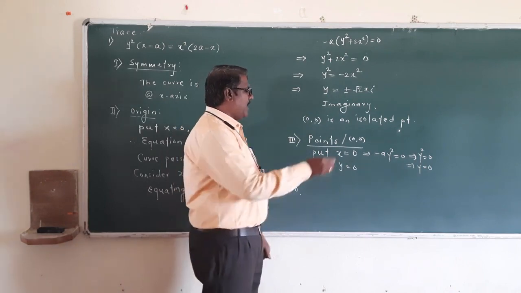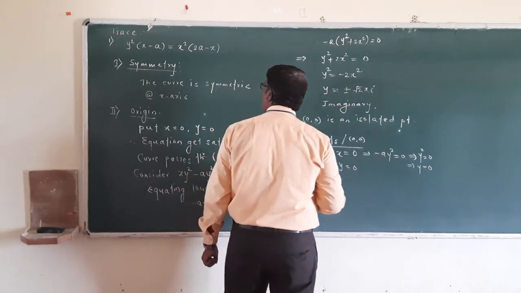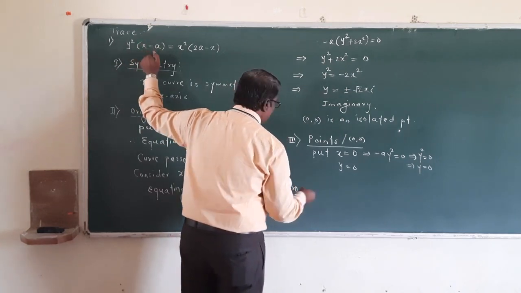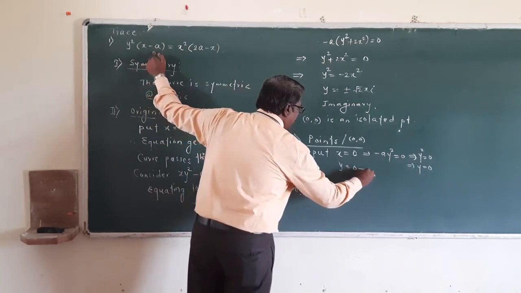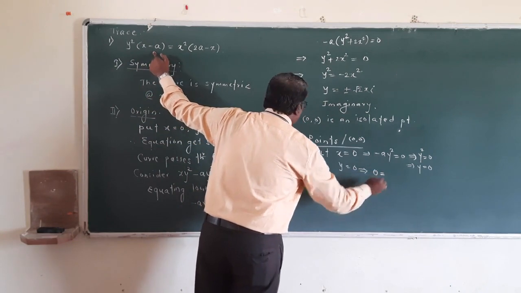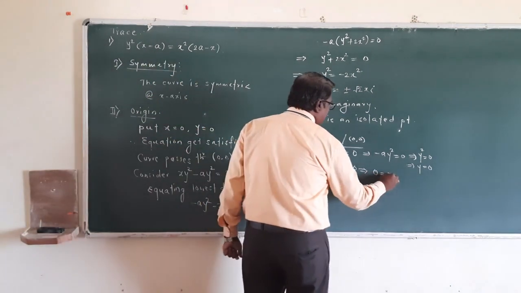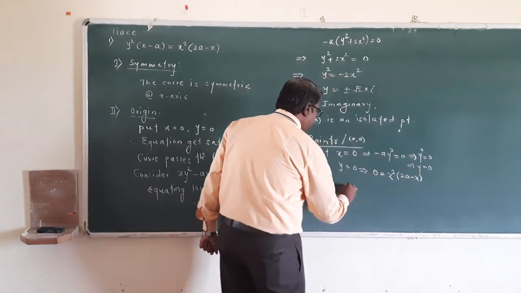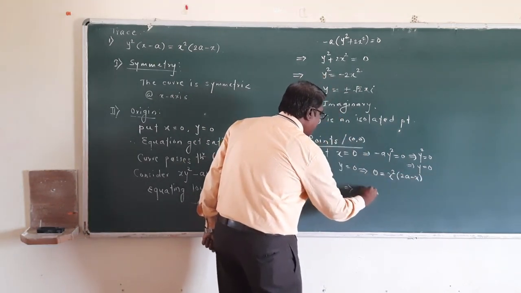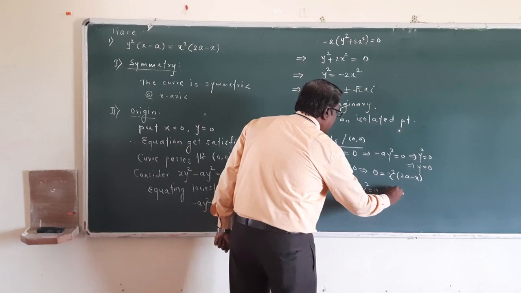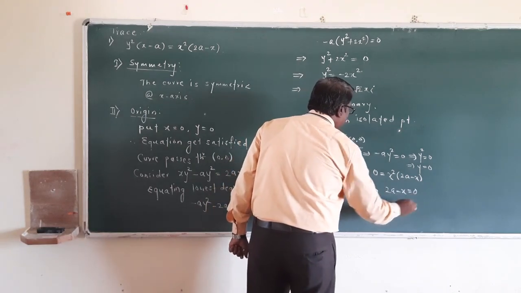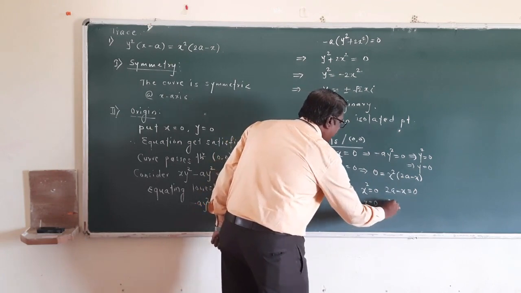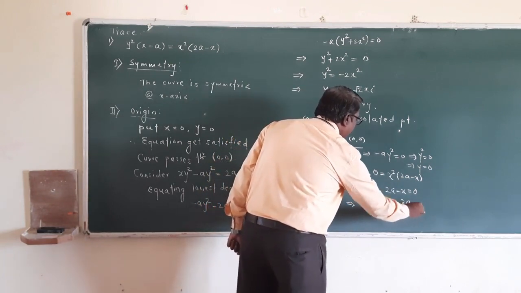It means 0, 0 is the only point of intersection with y-axis. Now to get point on x-axis, put y is equal to 0 in the given equation, then what will happen? LHS is 0. So this implies 0 is equal to x square into 2a minus x, and therefore x square is equal to 0, 2a minus x is equal to 0. This implies x is 0, and here x is equal to 2a.